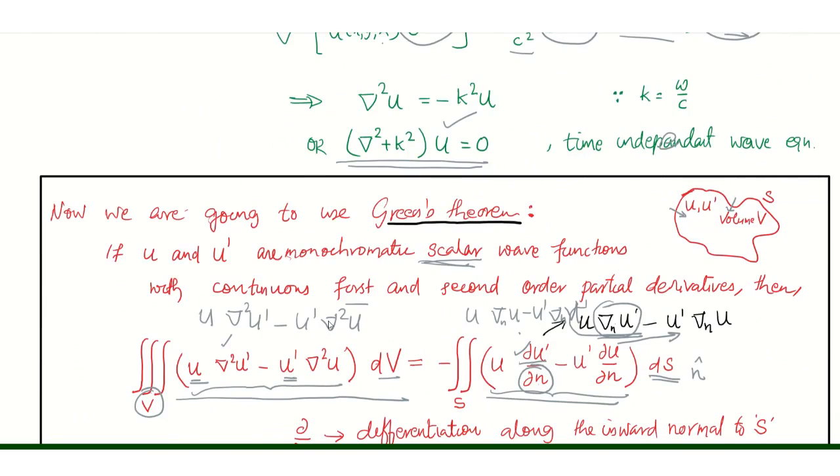But we know that the electric field of an electromagnetic wave, or the magnetic field, are vector quantities. They are not scalar quantities. But here we use only scalar quantities to make things simpler. The derivations including vector quantities are tedious, and therefore we will talk about scalar wave functions, with the advantage that u squared will represent the intensity at the point.